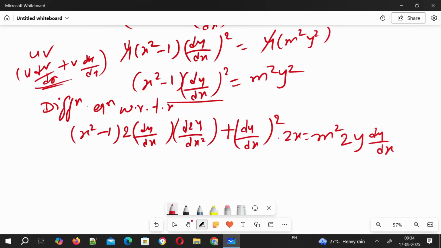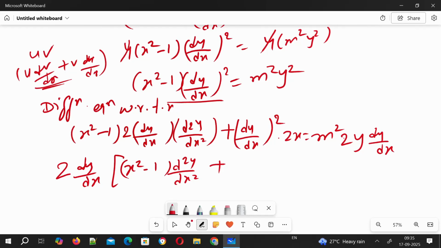And now we take some common terms, so we can take 2 and dy by dx common, because we can see 2 and dy by dx common on both sides. So taking 2 dy by dx common, write this one like d2y by dx square. And here once we take common dy by dx, one dy by dx is left here, so I can arrange it like x dy by dx.